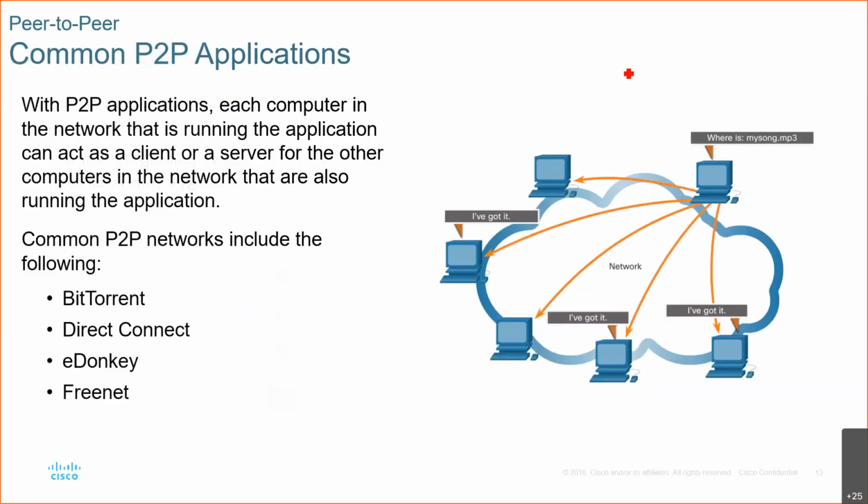We have certain peer-to-peer applications that were programmed in the mid 90s, and some still exist today. Chief among them are BitTorrent, Direct Connect, eDonkey, Freenet, and so on. They allow us to share resources with other computers on the network.